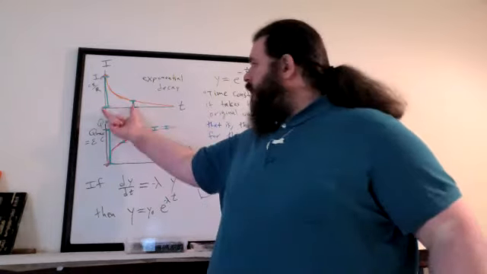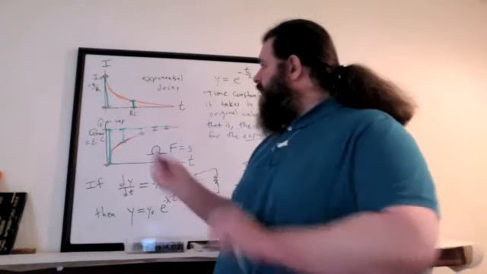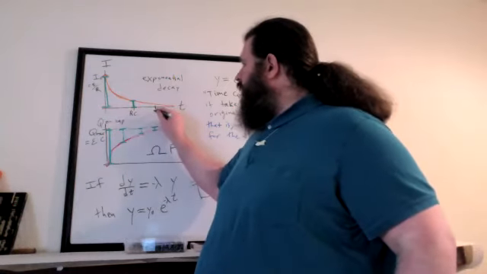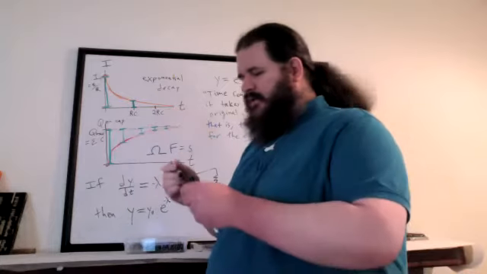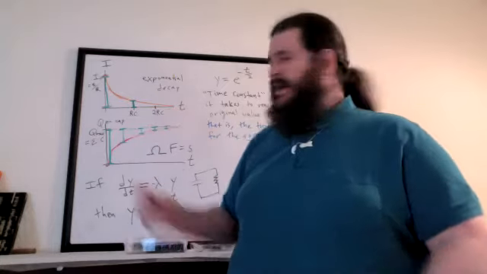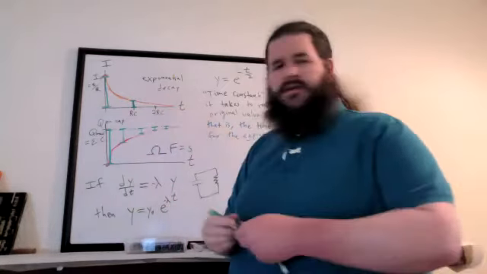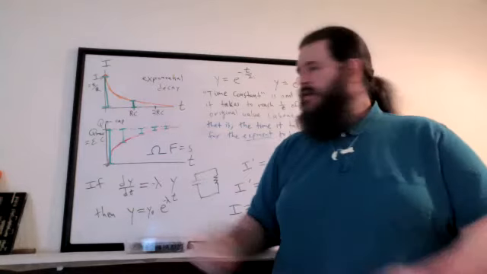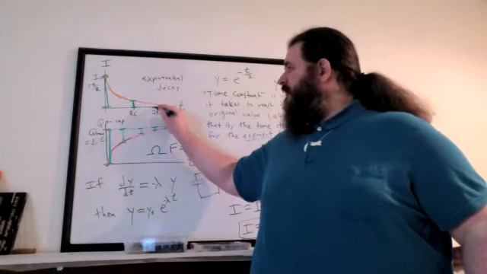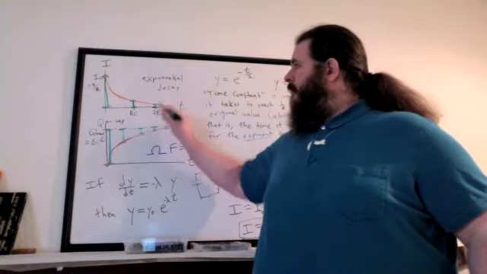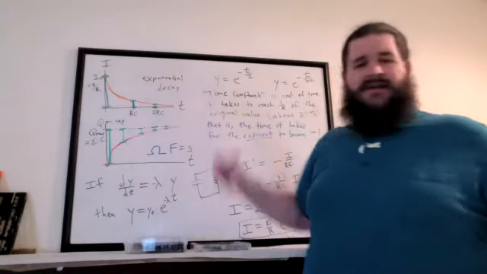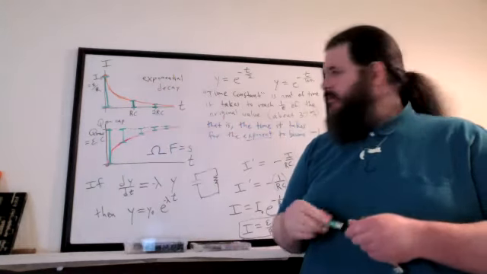And then one time constant later beyond that, 2RC, two copies of the time constant, you decay to 1 over E of that amount. In other words, 1 over E squared of the original, because you're dividing by E twice. And it just keeps shrinking every time constant forward into the future.